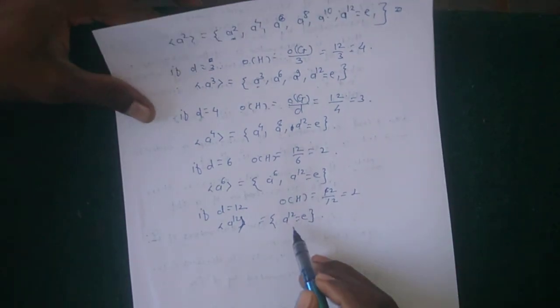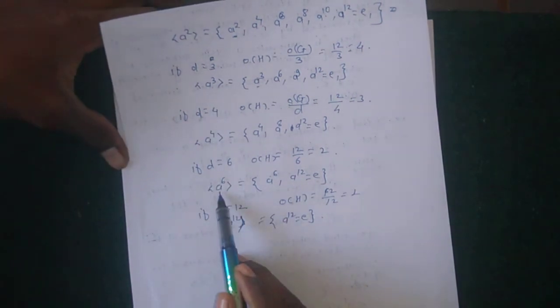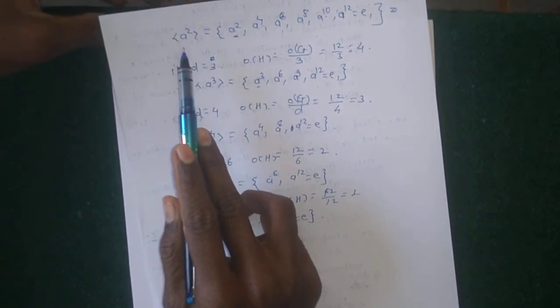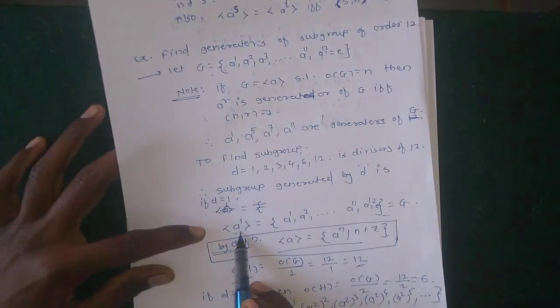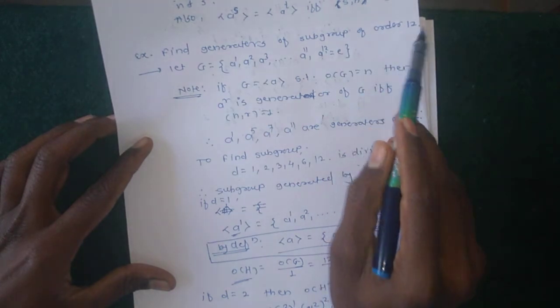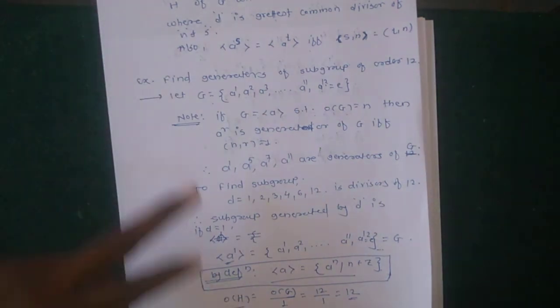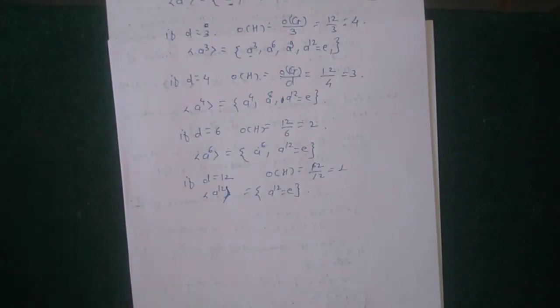So we have the subgroups generated by A raised to 12, A raised to 6, A raised to 4, A raised to 3, A raised to 2, and A raised to 1. These are all subgroups of the group of order 12. This is a very simple and important example for the university exam.